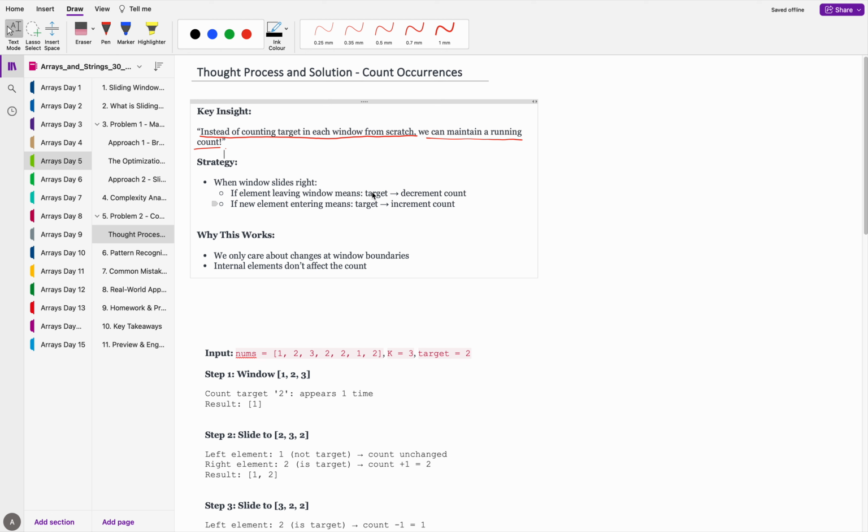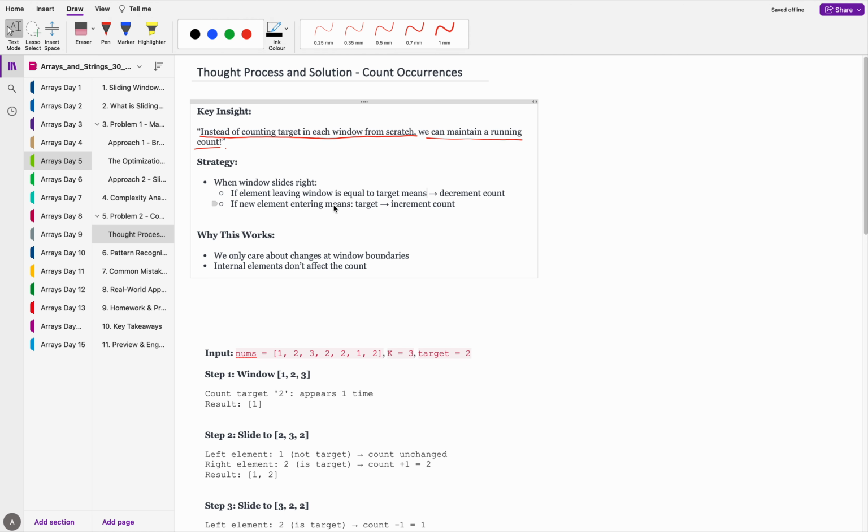ठीक है, just a typo here, equals target होगा ये, is equal to target. Okay, not means. Then you can write means decrement count.